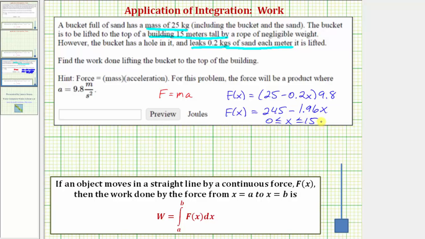So we'll use this interval as the interval of integration, which means the work done lifting the bucket to the top of the building is equal to the integral from 0 to 15 of big F of x, which we now know is 245 minus 1.96x, integrated with respect to x. Let's go ahead and evaluate this on the next slide.